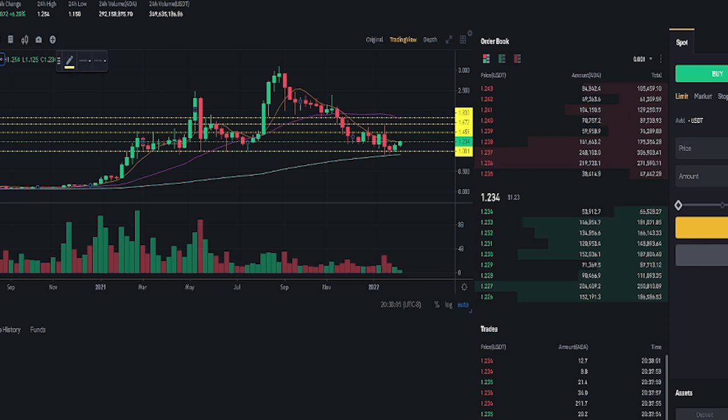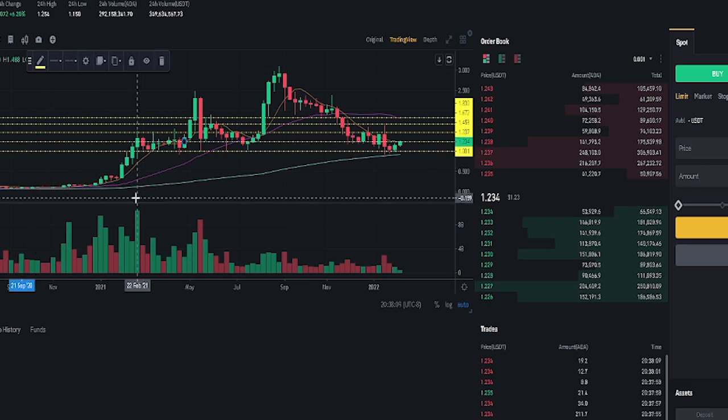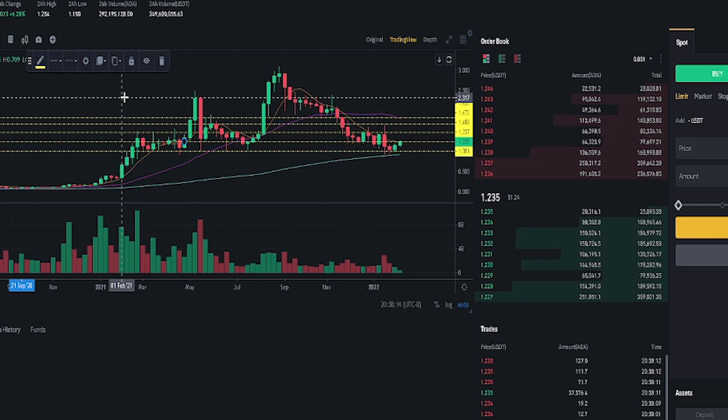The other one is right in here. This is also an area you want to watch in case you are in the trade.